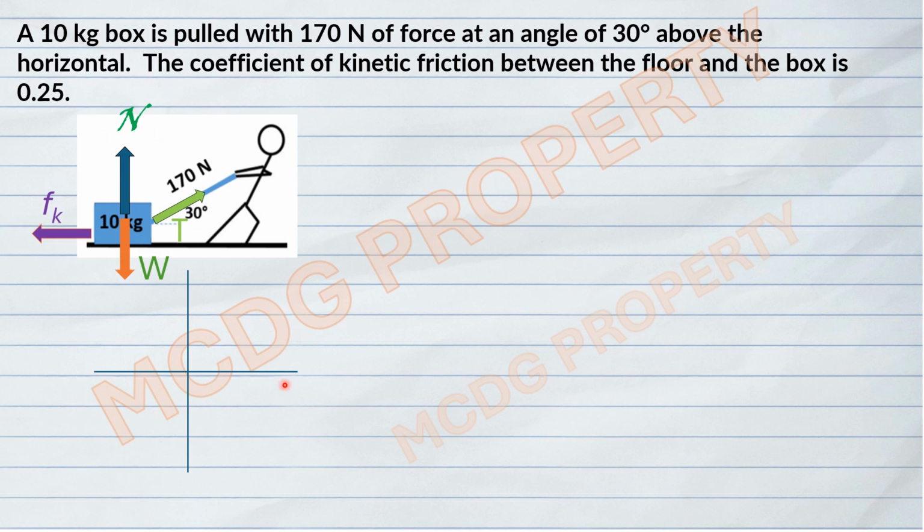We have the normal force along the positive y-axis. You have the tension that is on the first quadrant. You have the weight that is along the negative y-axis. And the force of kinetic friction that is along the negative x-axis.